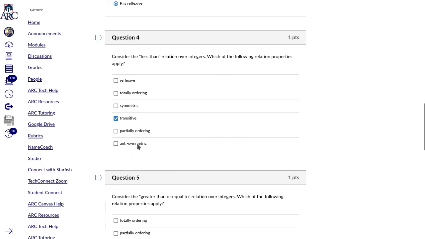I think we only have anti-symmetric left. And anti-symmetric is going to be true. Why? Because you cannot find the conjunction on the left-hand side of the implication to be true. If you are given any two values, A and B, I don't really care which one you pick, you cannot say A is less than B and B is less than A. That simply cannot happen.